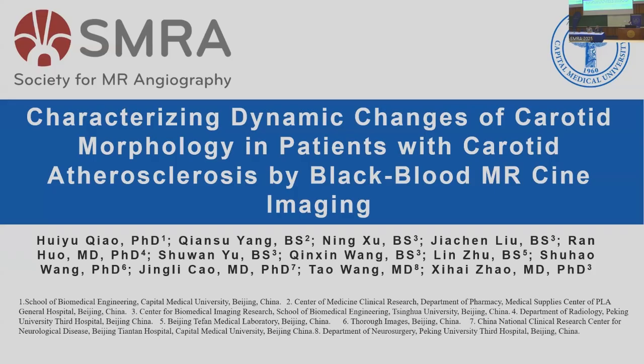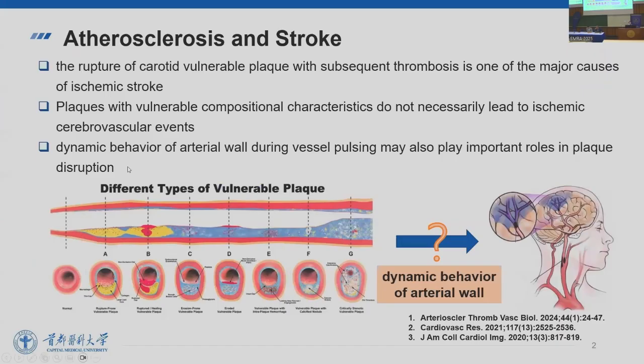The topic of this research is characterizing dynamic changes of carotid morphology in patients with carotid atherosclerosis by black blood MR cine imaging. It has been shown that the rupture of carotid vulnerable plaque with subsequent thrombosis is one of the major causes of ischemic stroke.